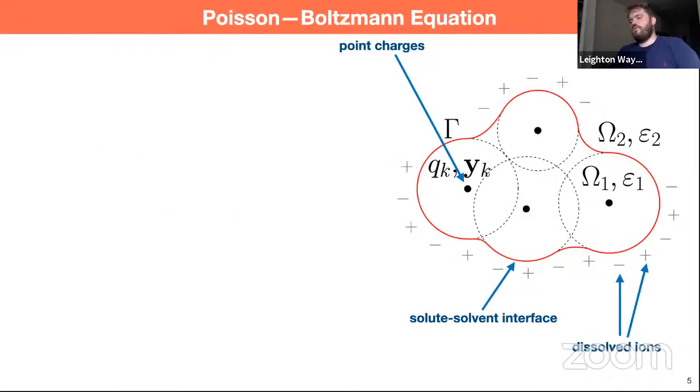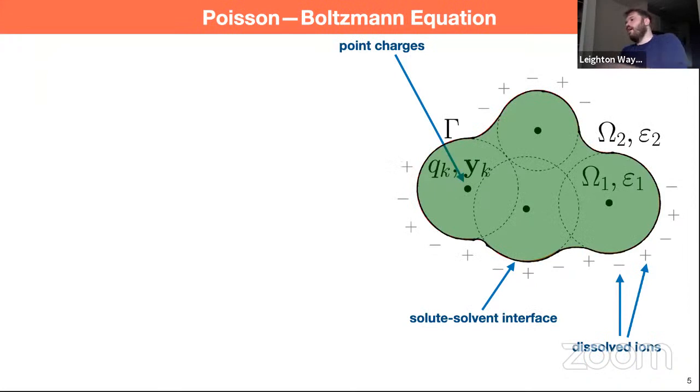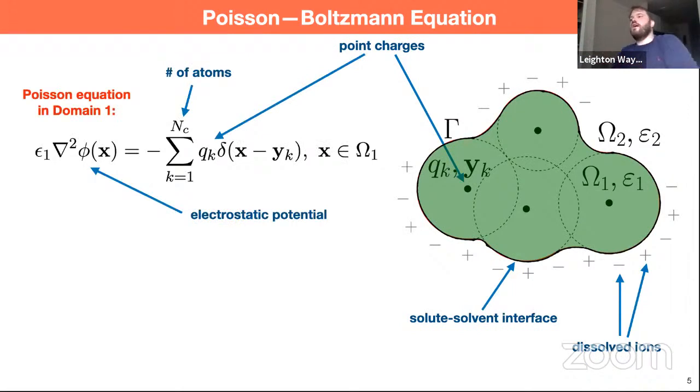So this green is our solute environment, our omega-1 environment. So the electrostatic potential inside the solute, inside our boundary gamma, is simply represented by a Poisson equation, with some dielectric constant. And of course, our charge density is nothing more than the sum of these point charges.